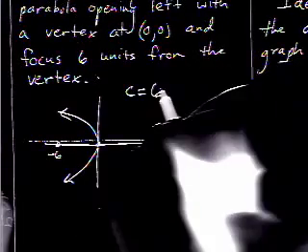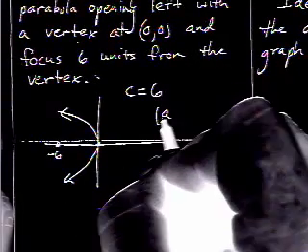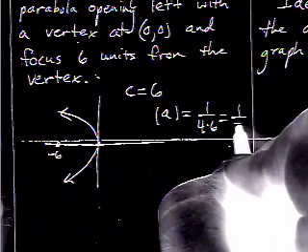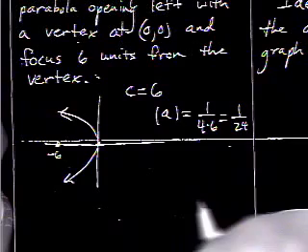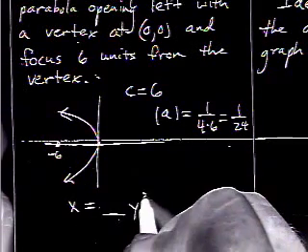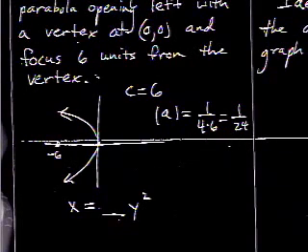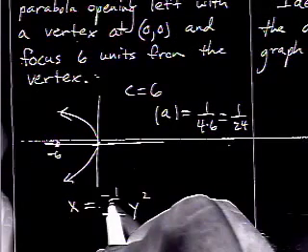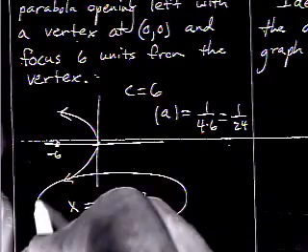So C is equal to 6 units. The absolute value of A would be 1 over 4 times 6, or 1 over 24. We know that because it opens left, it's x equals something times y squared. So the question is, is it positive 1 over 24 or negative 1 over 24? And the answer comes from the fact that it opens to the left: negative 1 over 24.